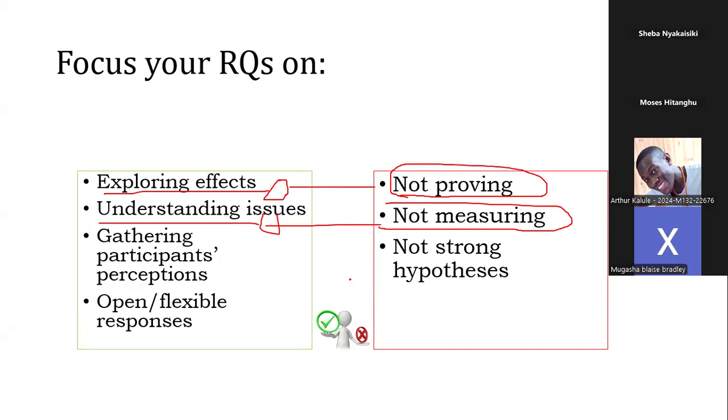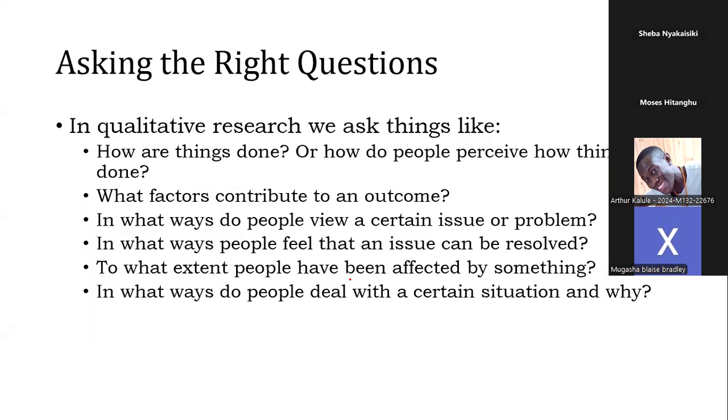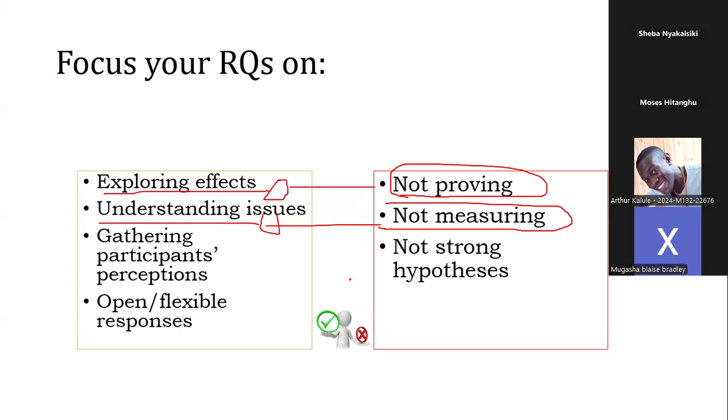For example, if Brian was asking, what is it that is motivating? What is it that causes motivation? That is exploratory. Very different from a researcher who is saying, this causes effect. My salary will cause me to adopt ICT. Okay? That is quantitative in nature.